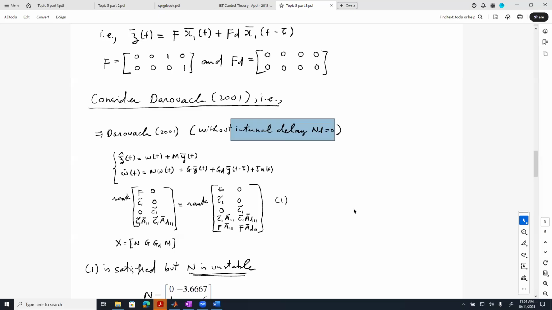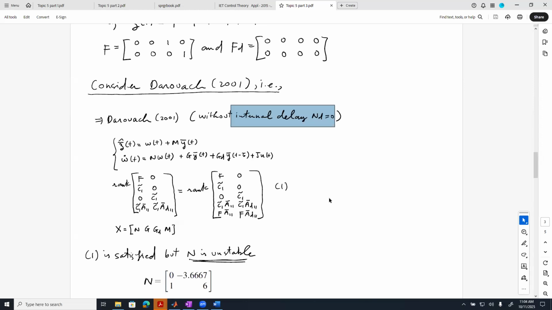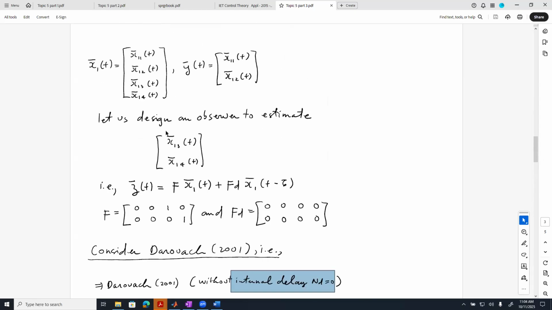That is because, in terms of practicality, the aerodynamic equation is independent of the time delay. And we are still insisting: is it possible to realize an observer without internal delay to estimate these two unmeasurable state variables?